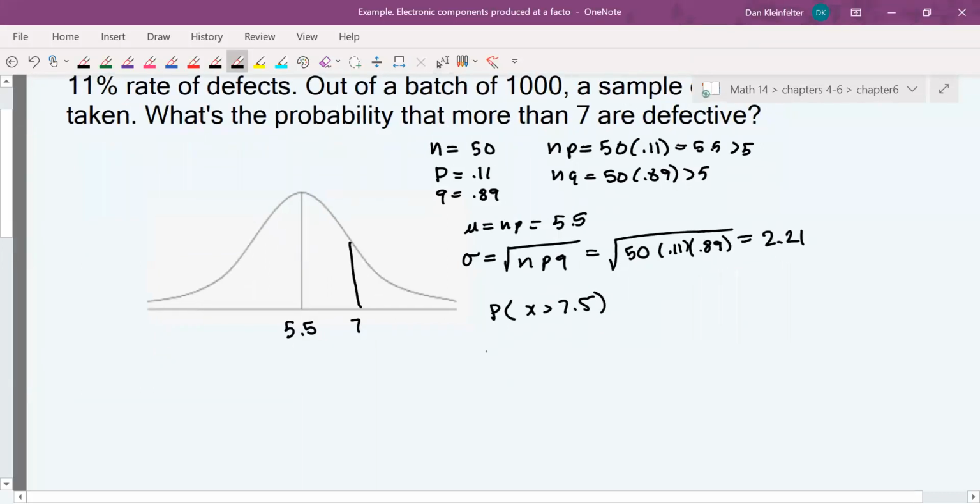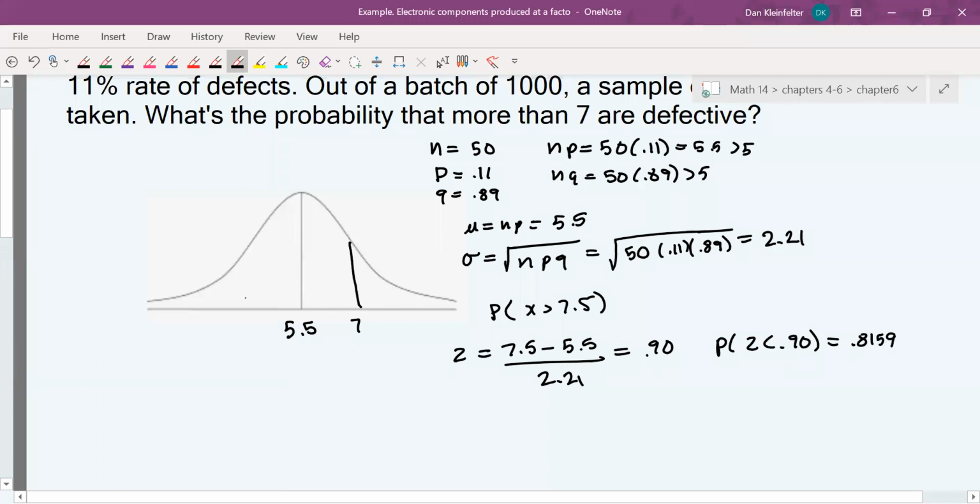All right, so z-score. That's 0.90. Looking to our z table, the probability that z will be less than 0.90 is 0.8159.